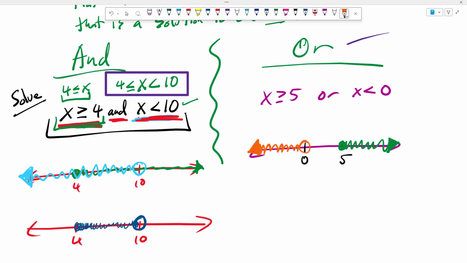Okay. So in orange is the solution to x is less than 0. Green is the solution to x is greater than or equal to 5. So the solutions to the compound inequality are the ones that are in green or orange, which are all these.